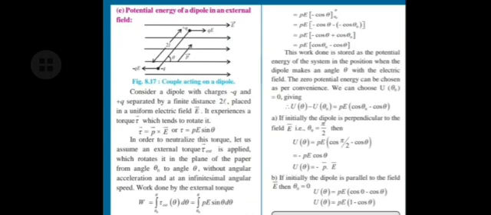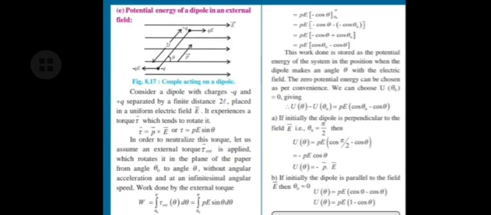In order to neutralize this torque, let us assume an external torque tau external is applied. Do you remember, I always give an example: there is a goon and he applies a force.